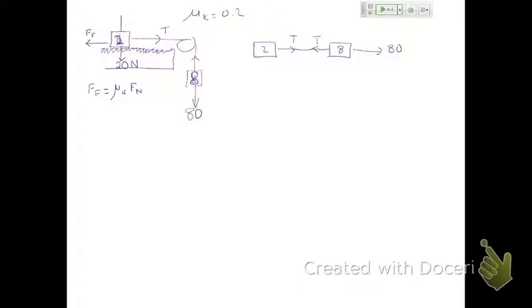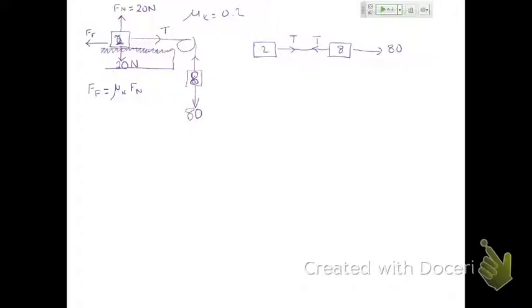Are you comfortable with, on a level surface, recognizing that the normal force Fn would be 20 newtons? Are you comfortable with the fact that these two balance each other, because there's no acceleration upwards or downwards?